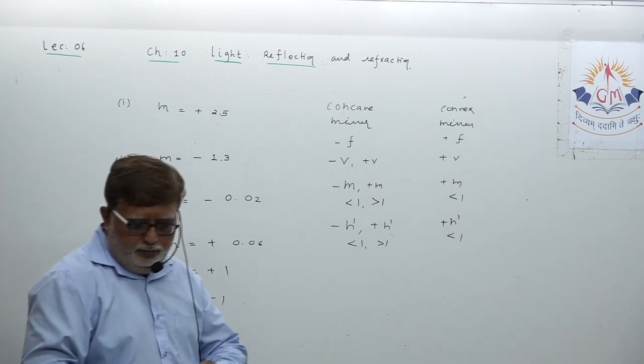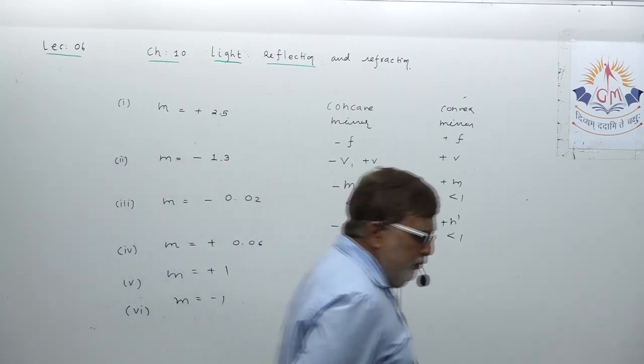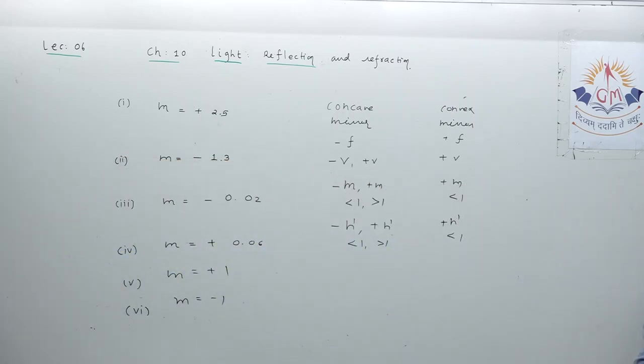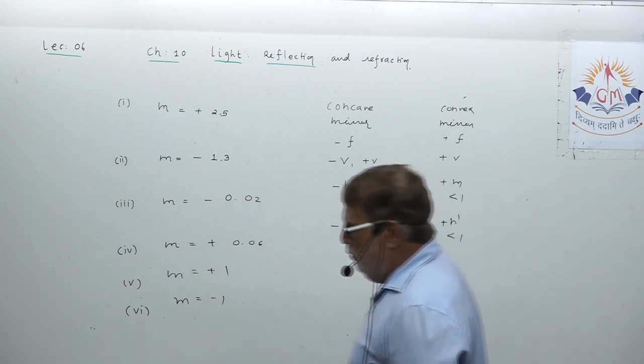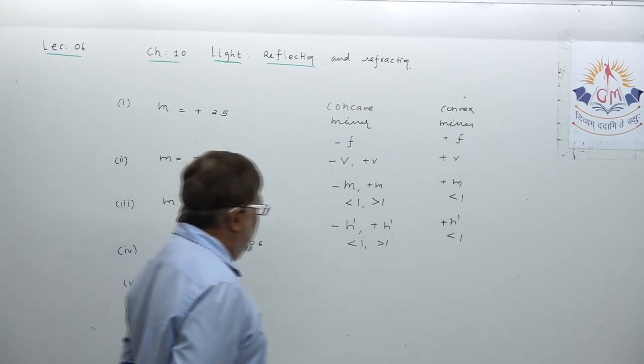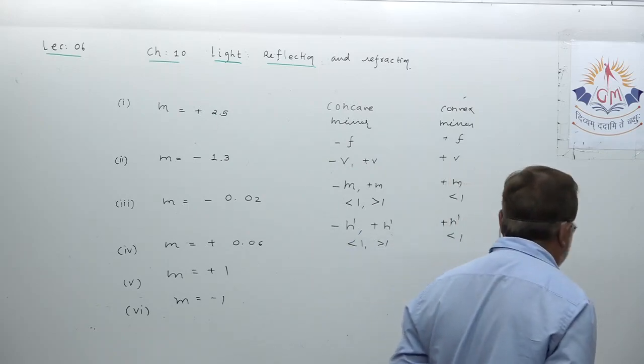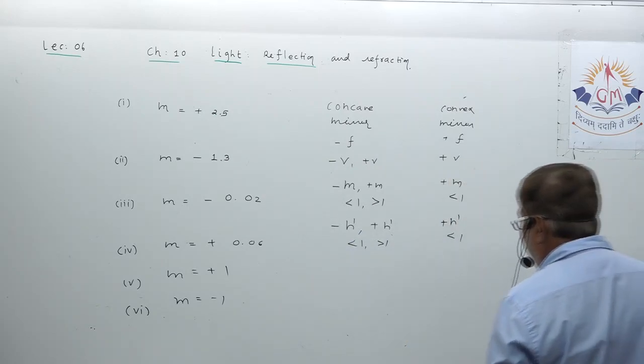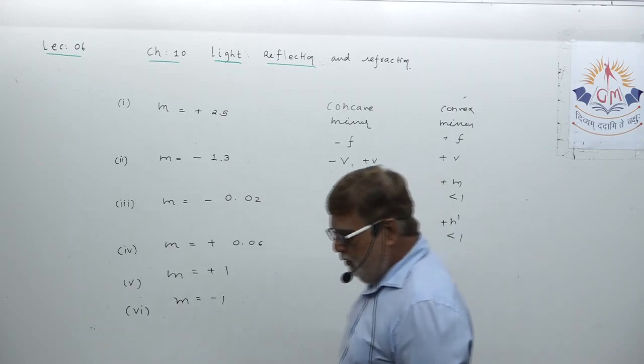First you list out all these values of M and let us try to get conceptually the idea regarding the nature of the image just from the value of magnification. I have written 6 values of magnification here: M plus 2.5, minus 1.3, minus 0.02, plus 0.06, plus 1 and minus 1.